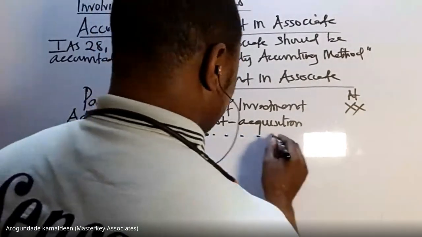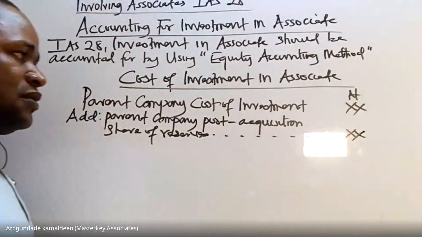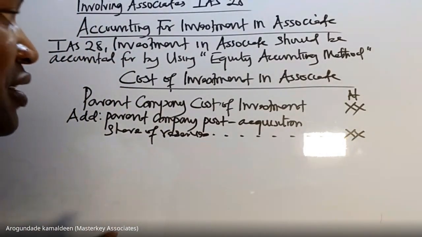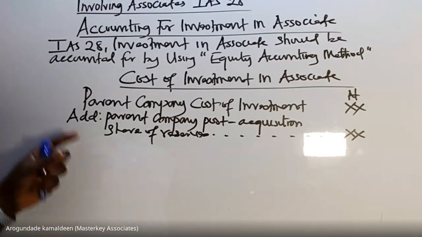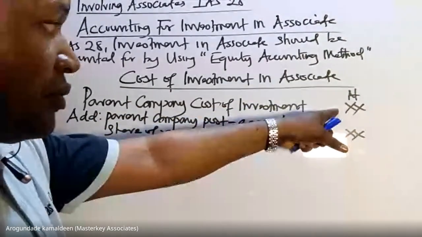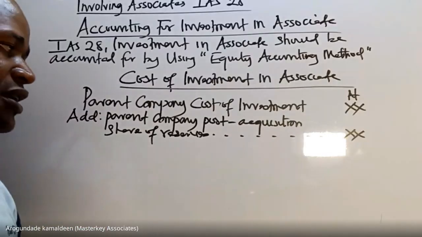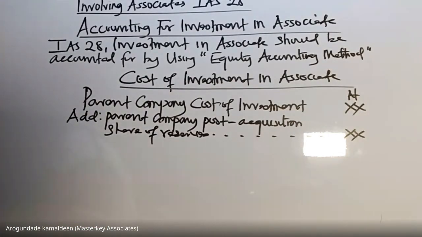If you remember, the equity accounting method is a method of accounting whereby the investment is initially recorded at cost, and thereafter adjusted for the share of the post-acquisition reserve. You can see now. So you add that.